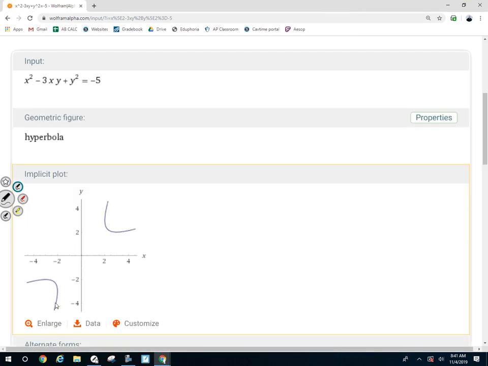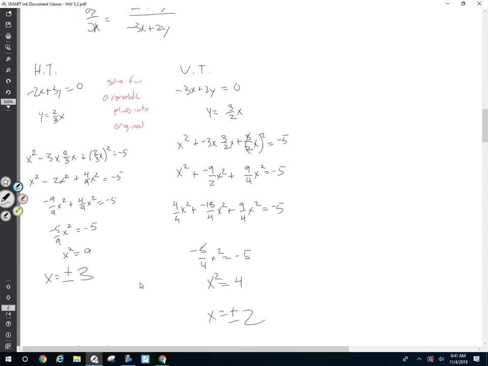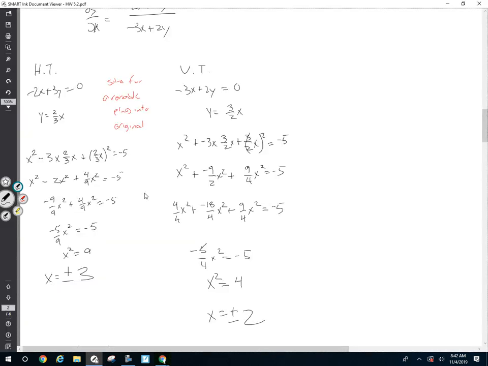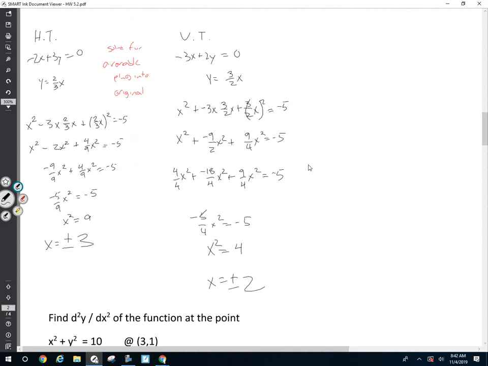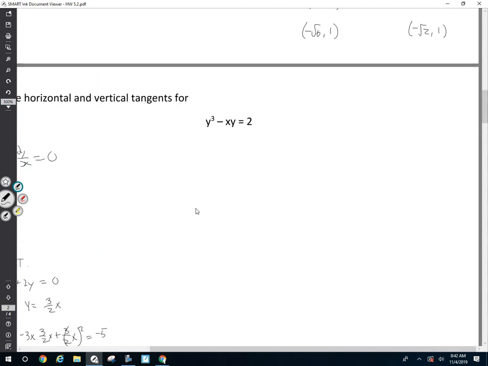Okay, we won't have to do any extra work there. Let's try this one, because you're just finding the x or y's, so whatever works out easily is what to find.